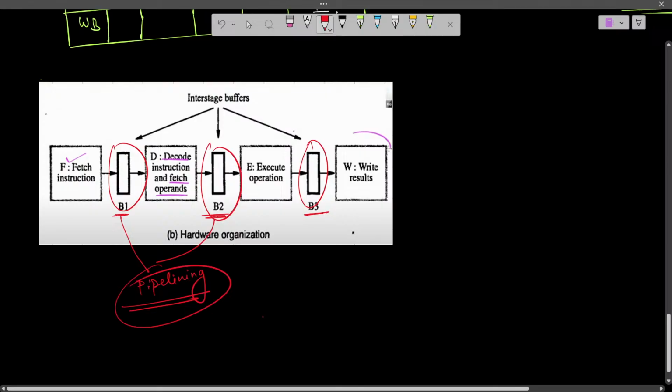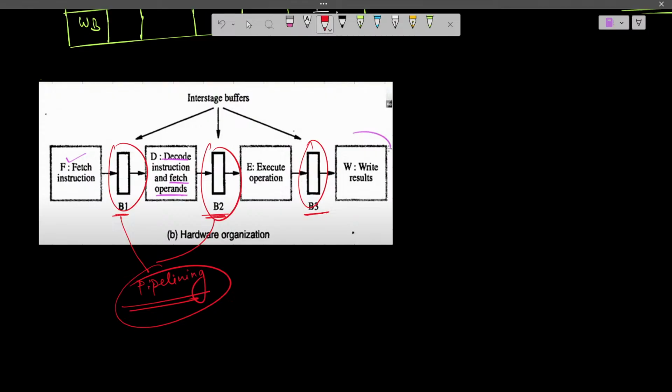In case of non-pipeline, we'll ignore them. You don't need to think about buffers. Okay, so those are some nitty-gritty things that we need to understand.